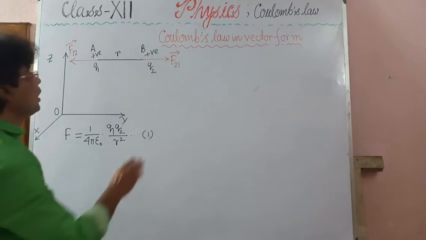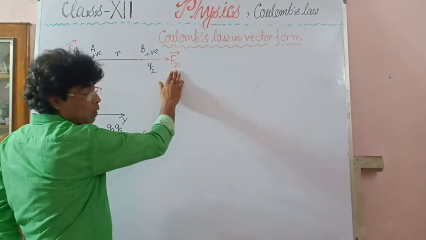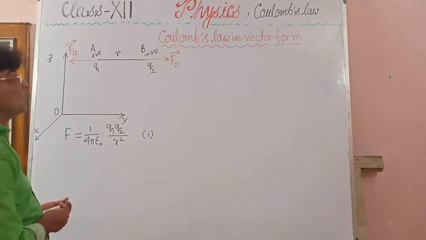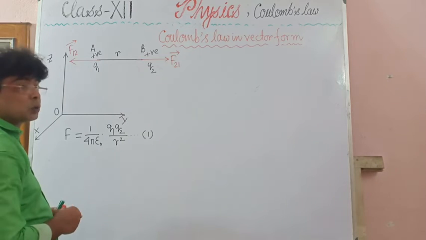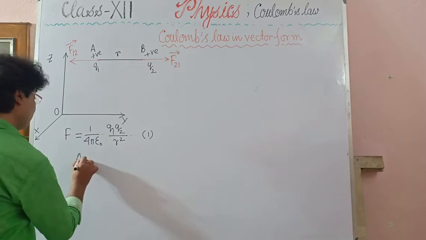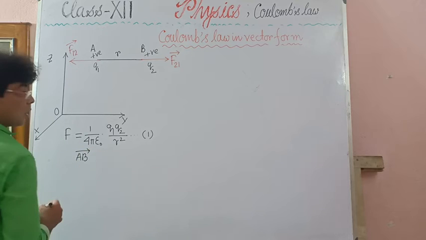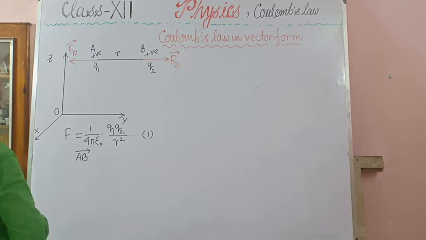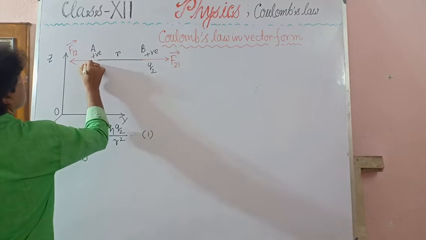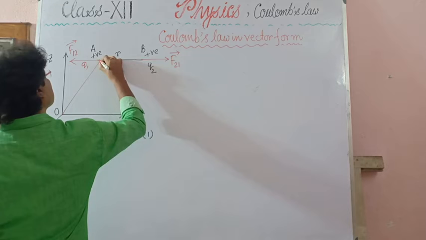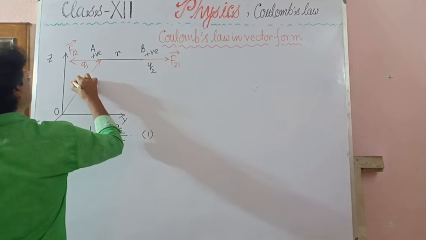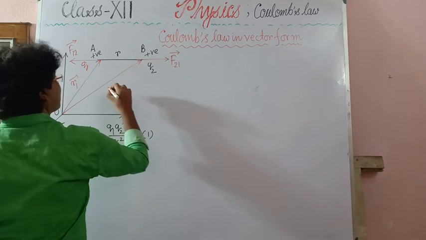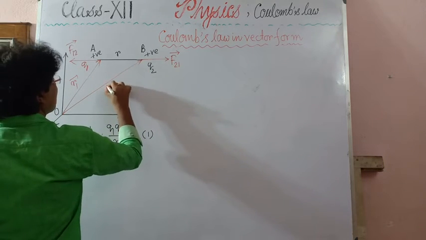Now, if we want to express this force in vector form, we have to find out the unit vector along AB vector. Suppose position vector of A is R1 vector and position vector of B is R2 vector.